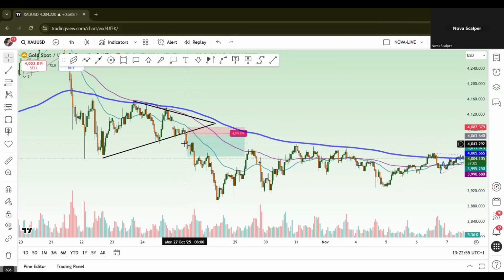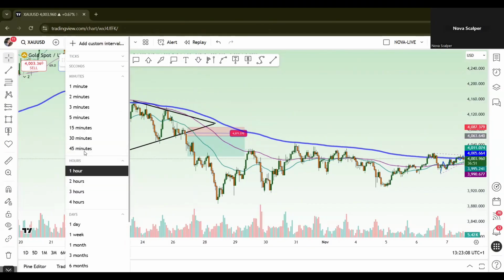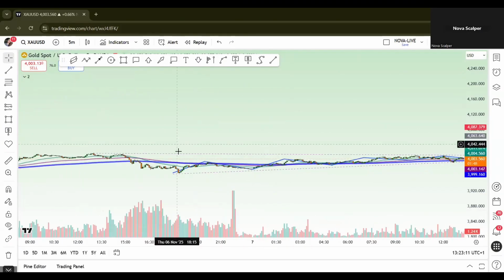But we FOMO, and we do not get a good position because this is a 1 hour time frame, so we cannot see the noise in a smaller time frame.